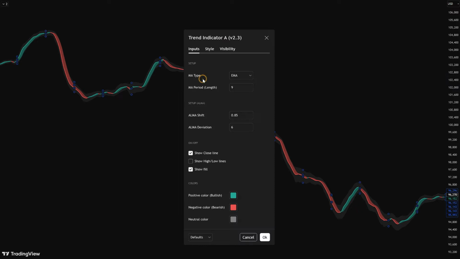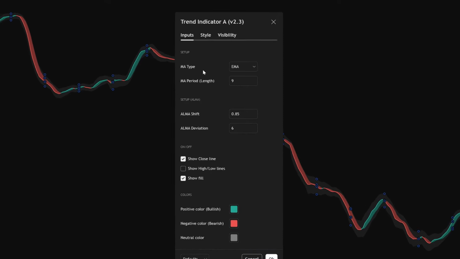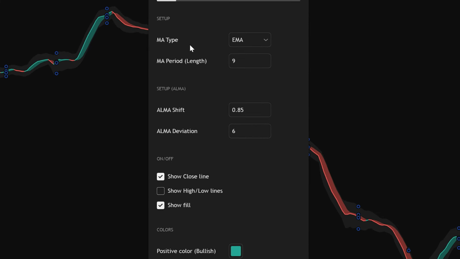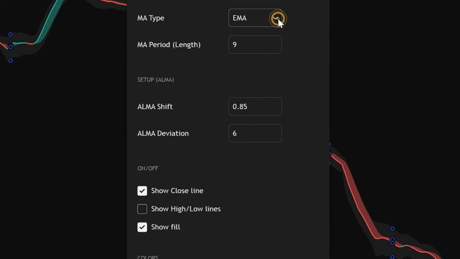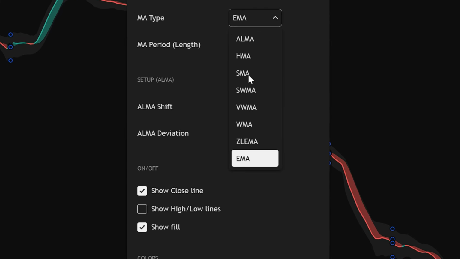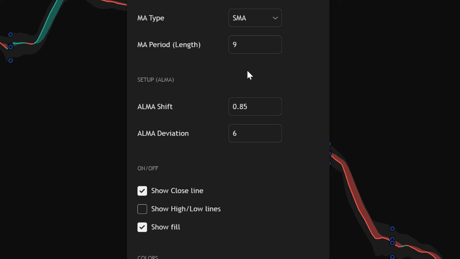By default, the settings are too sensitive, which creates confusion. So we adjust them. Change the moving average type to simple. Set the period to 300.